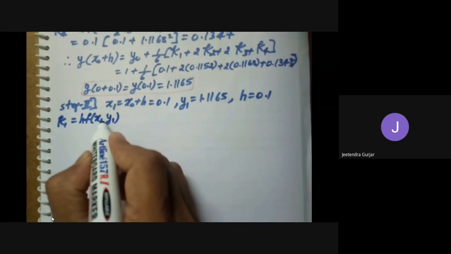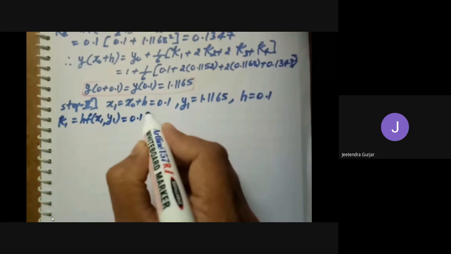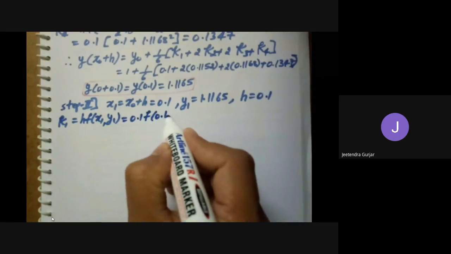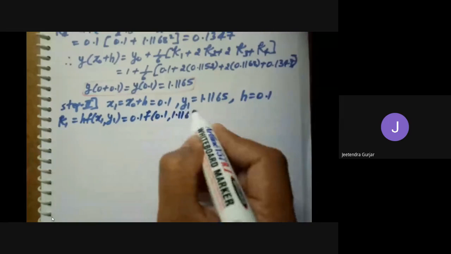Now, students, h is 0.1, x1 is 0.1 and y1 is 1.1165. So substitute values: it is 0.1 times x plus y square. Remember, x is 0.1 and y square is 1.1165 square. You calculate this; the answer is 0.13. K1 we get as 0.1347.